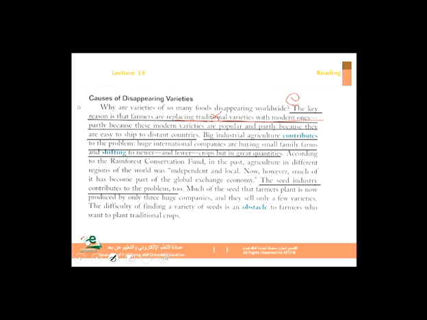Of course, partly because of other reasons. That's number 2. Big industrial agriculture contributes to the problem too. So basically, big industrial agriculture, that is huge international companies, they buy small family farms, and then they change the way the farm works.